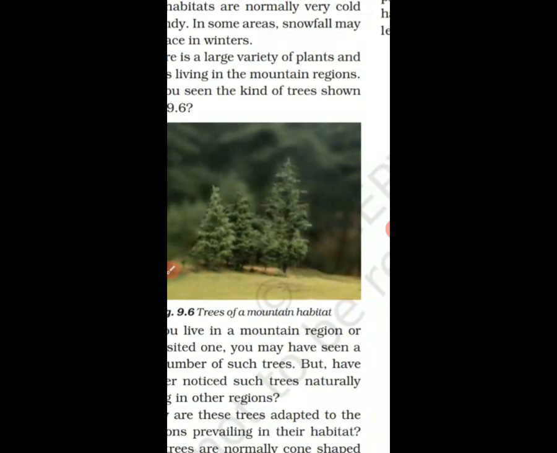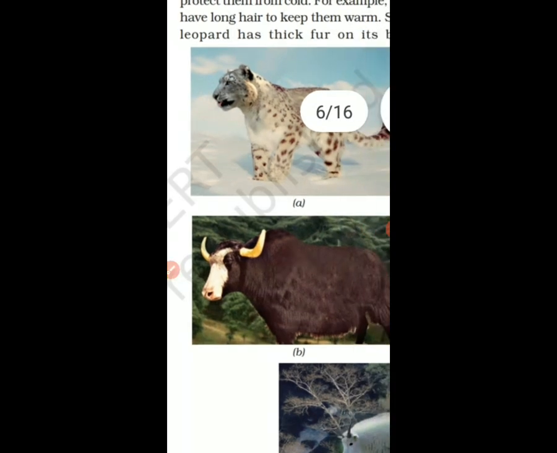Now the animals. How are they adapted to the conditions of mountain regions? They have thick skin or fur to protect them from cold. So animals of the mountain region mostly have thick skin or fur which protect them from cold. For example, yaks have long hair to keep them warm.